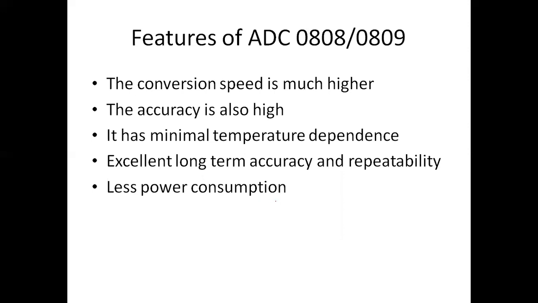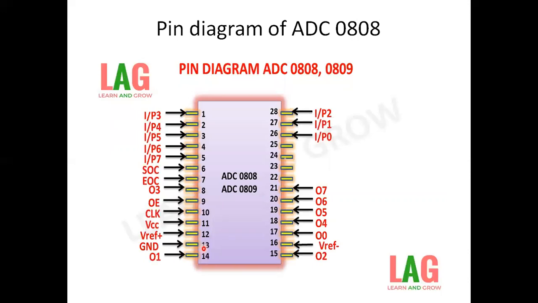The features of this ADC are that the conversion is very fast, the accuracy is very high, it has minimal temperature dependence, long-term accuracy and repeatability, and very low power consumption. So this is the pin diagram of ADC 0808.